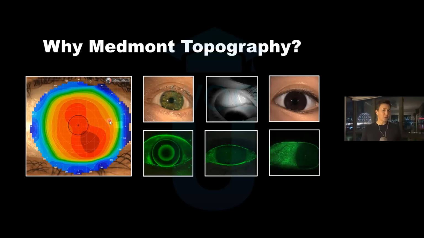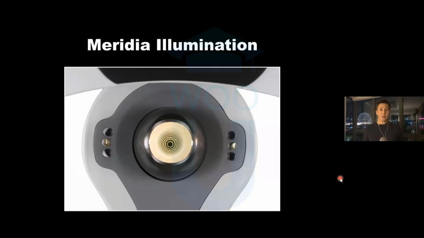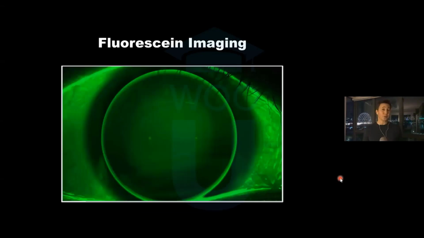Another reason why it might be a choice is the options that you have for imaging. You have your placido cone for measuring the shape of the eye, but you also have these 3 illumination points on either side that allow you to illuminate the anterior surface a number of different ways. As an example, you can do fluorescein images of your lenses.